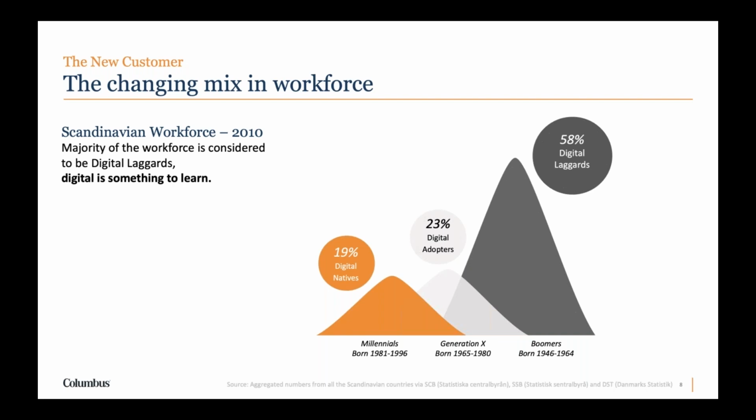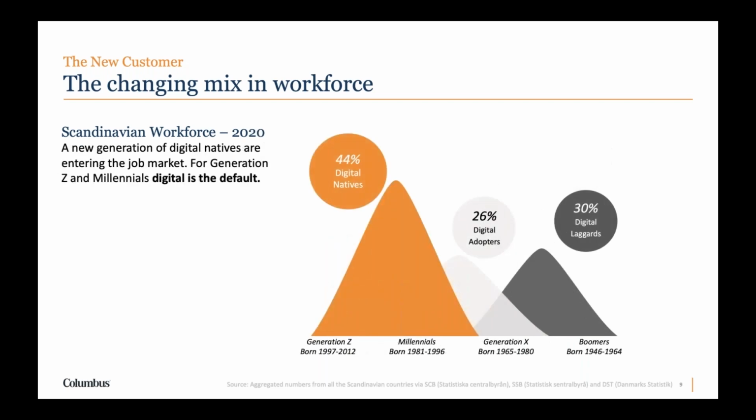But if we jump forward another 10 years, things now look completely different. A completely different distribution. You meet both buyers and new decision makers who come from a generation that was born with a mobile in their hand and who have always been connected and used to search for information.